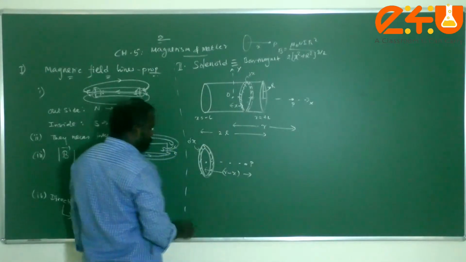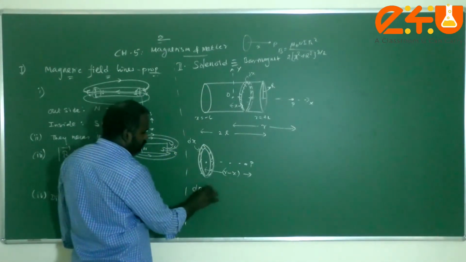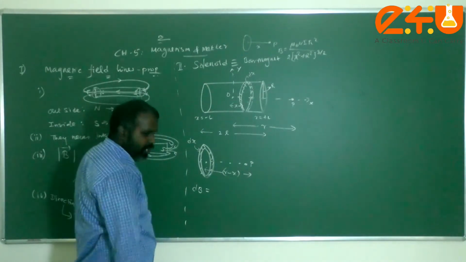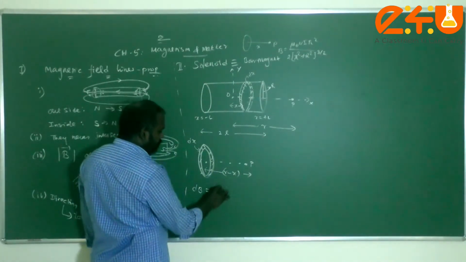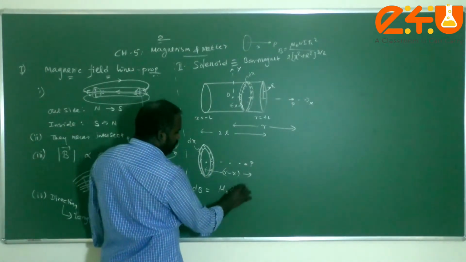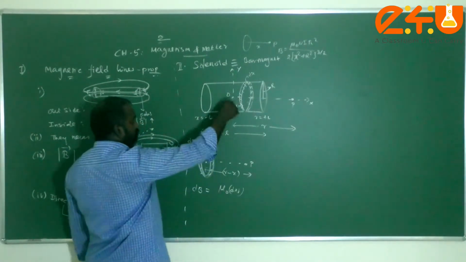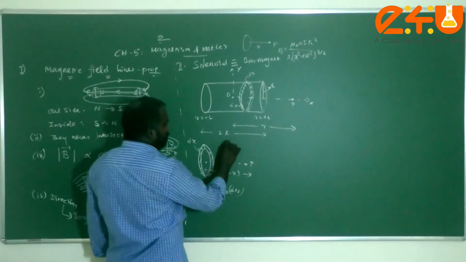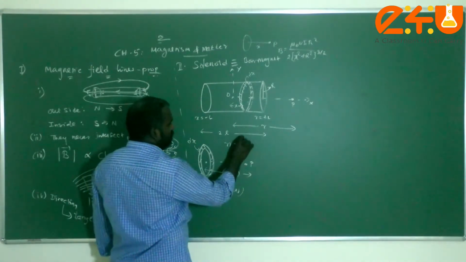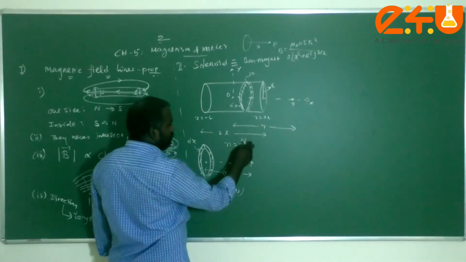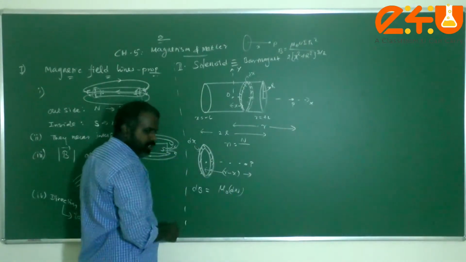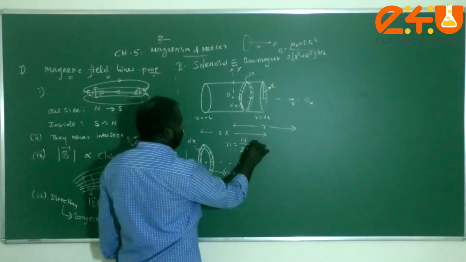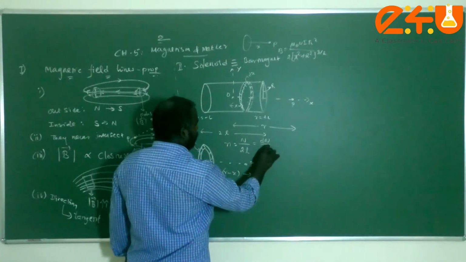Therefore I can write dB, the magnetic field due to this small circular element, as mu naught dn, where dn is the number of turns in this small thickness dx. In a solenoid, n is equal to total number of turns divided by total length of the solenoid, so here that will be n into 2L, equal to dn by dx.